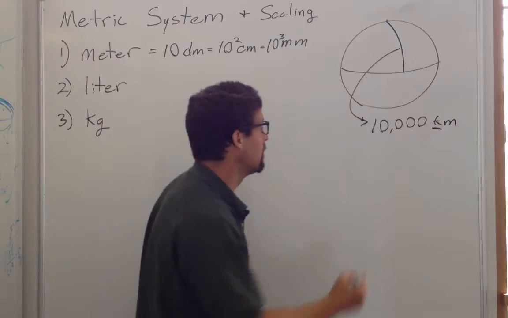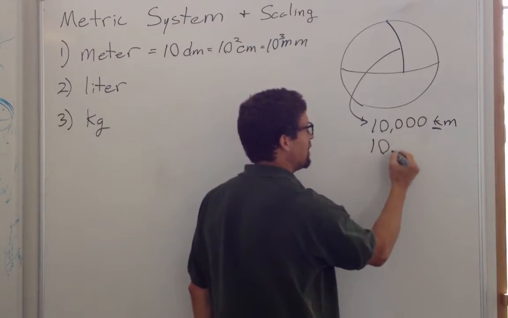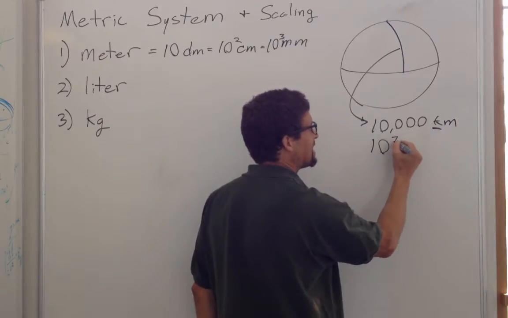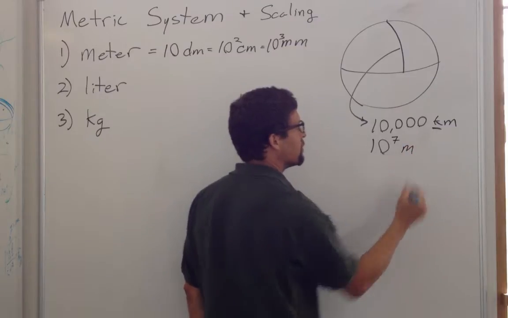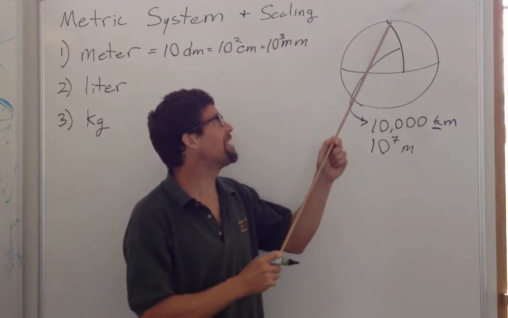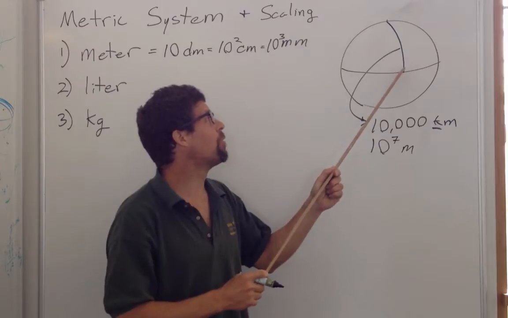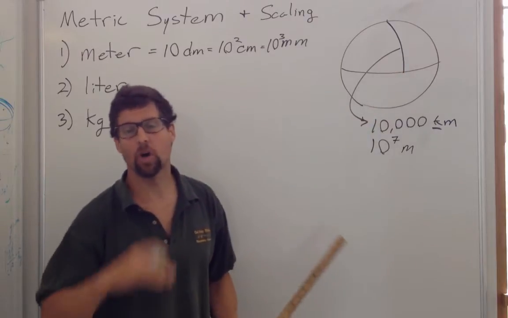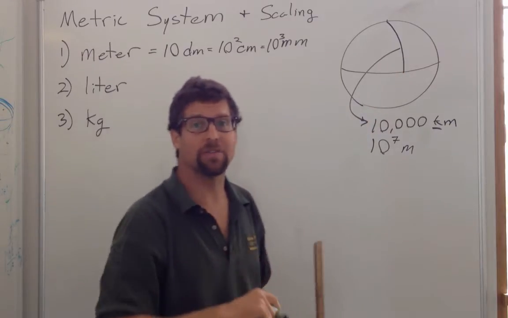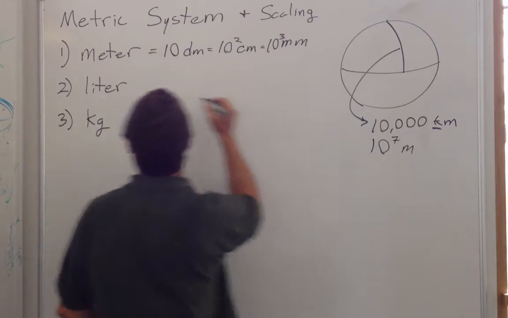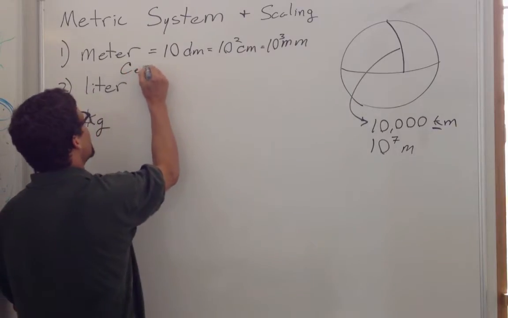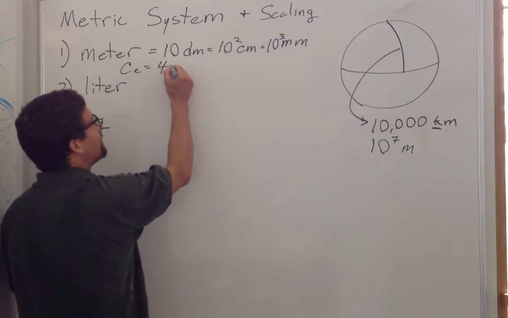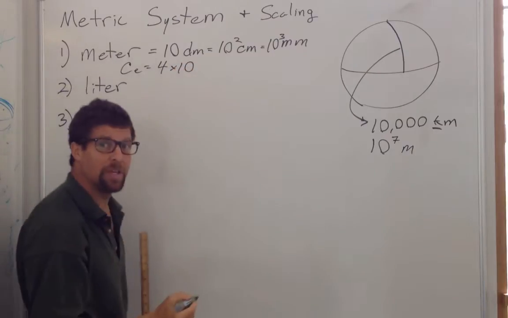Kilo is 1,000, so that's 10 million, or 10 to the 7th meters. A meter is 1/10,000,000th the distance from the pole to the equator along a meridian. This also gives us a good idea that the circumference of the Earth is equal to 4 times 10 to the 7th, or 40 million meters.